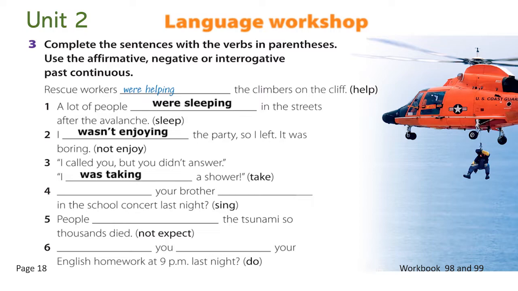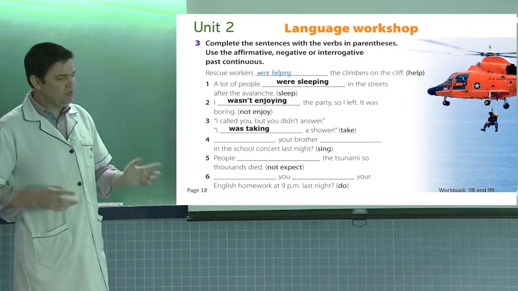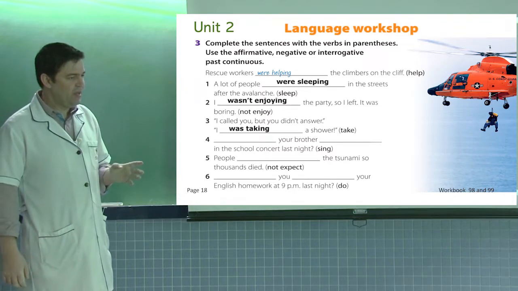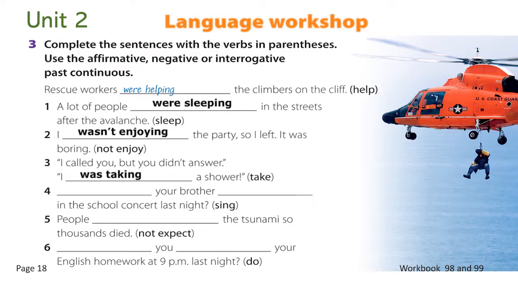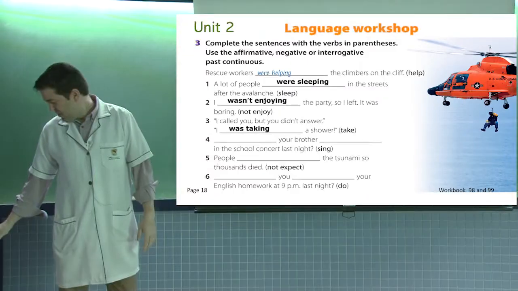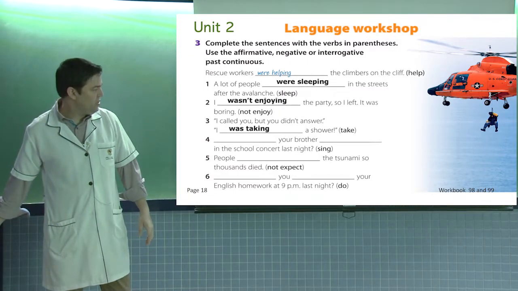This verb here, take, connects with the word shower. Yes, and remember, I singular, was, ing form. Take is one of those verbs that finish with e. Then I have to remove e and add ing. Okay, so verb take is one of the exceptions, the variations we have.